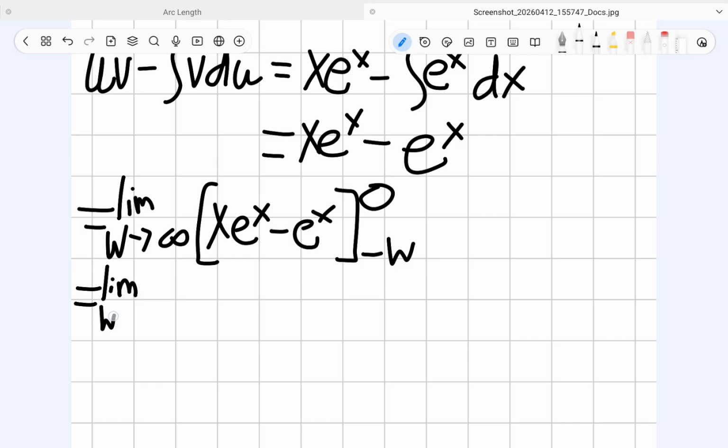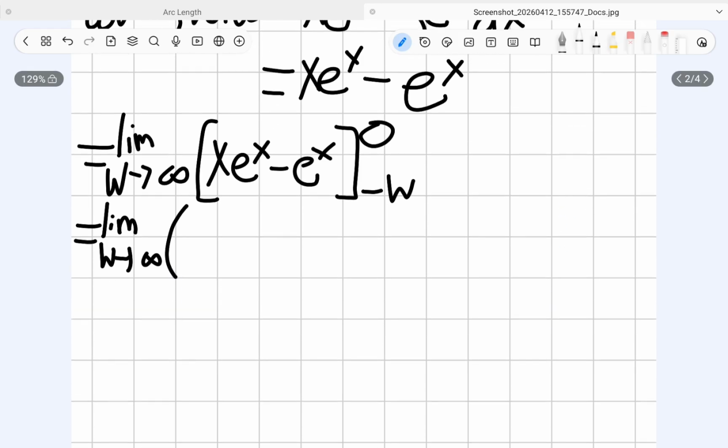So make sure you still set the limit throughout. Starting from the upper bound, which is 0, it's going to be 0 times e to the 0. I know it's going to end up at 0, but we're just going to put it in to clarify. And it's subtracted by e to the 0. Close bracket. Now that's the upper bracket.